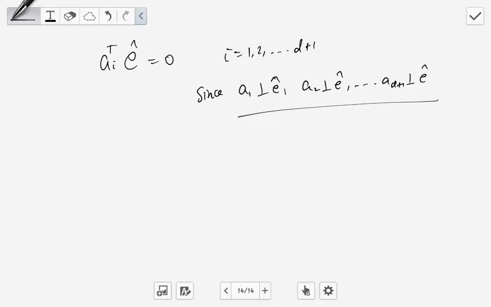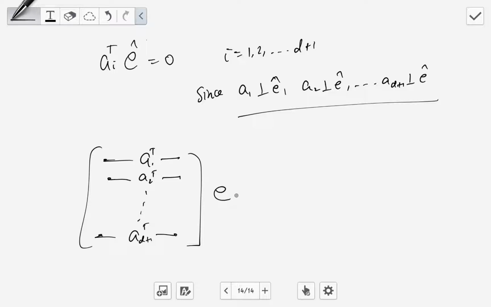Now if we want to write this in matrix notation, it is a1 transpose, a2 transpose, so on up to a d plus 1 transpose, times E cap is equal to 0. Now, what is this E cap?